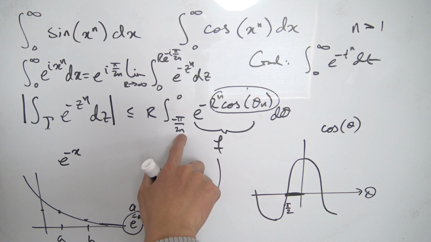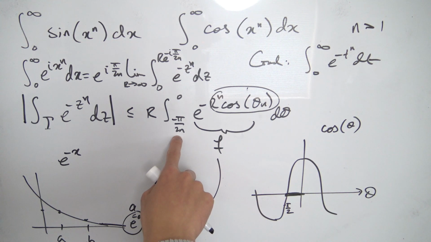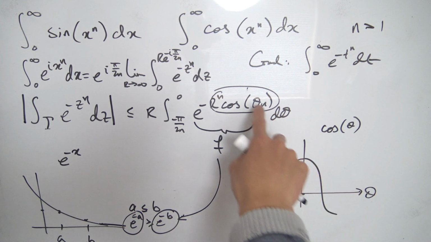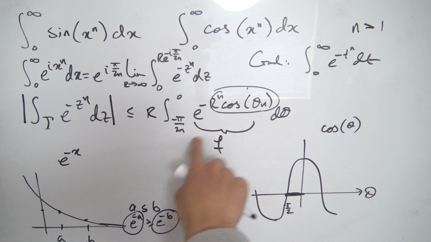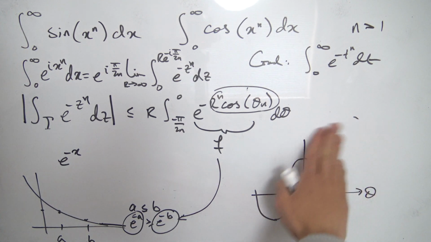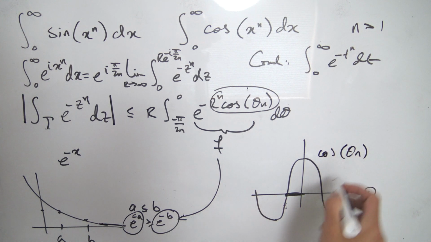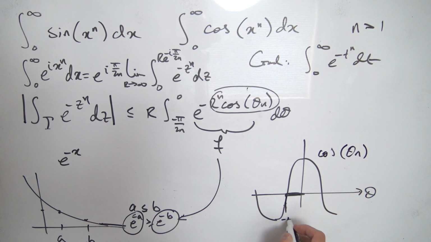That's why you have a division by n. And you can also test that if you want to. If you plug minus pi over 2n into this function, the n's will cancel out and you're left with cosine of minus pi over 2, which is 0. So if this function is cosine of theta n, then this point is minus pi over 2n, and you also get 0 over here.